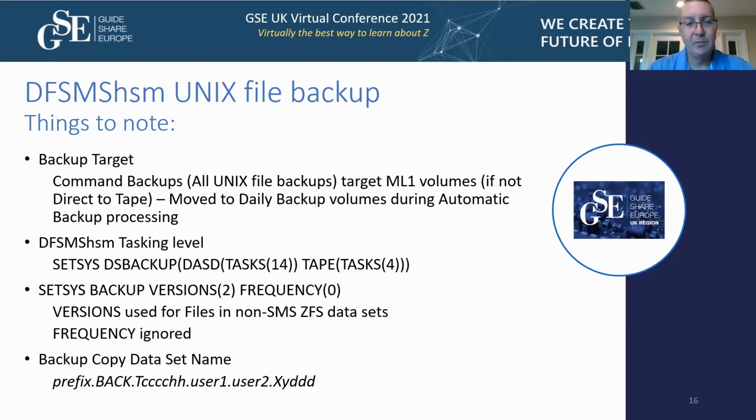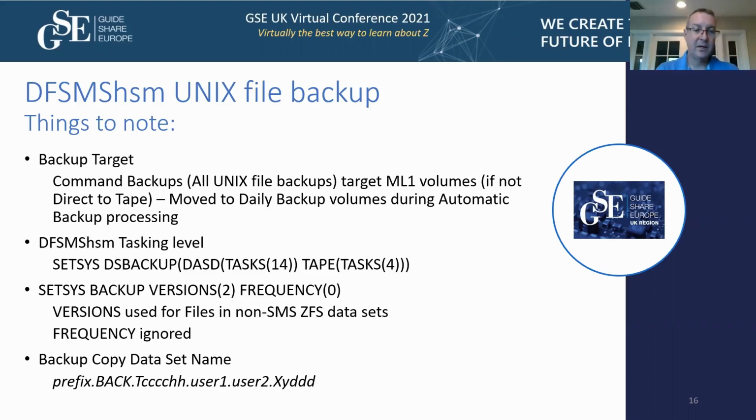If you're going to tape, it won't go to the ML1 volumes. But if you do a -T of DASD, then it'll send them to your ML1 DASD volume, and then the automatic backup processing will move those backups to the daily backup volumes.